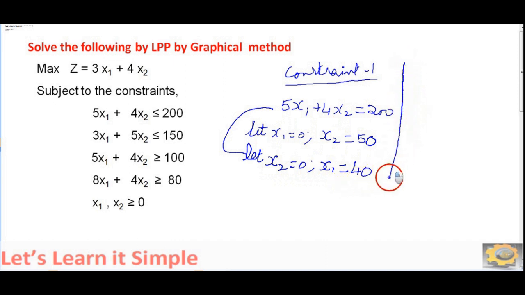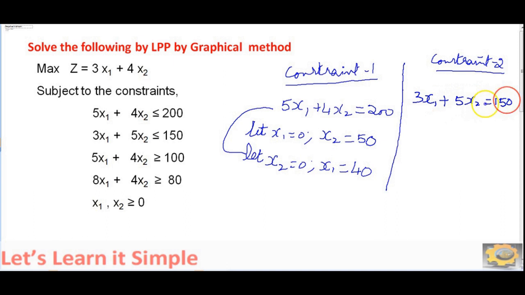Next we need to go to the second constraint, constraint number 2. Here also we will be equating the LHS and RHS: 3x1 plus 5x2 equals 150.